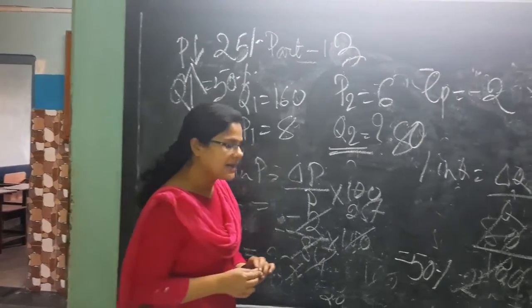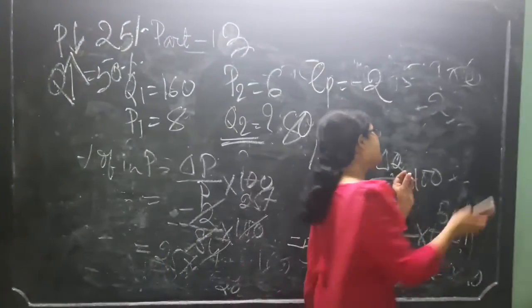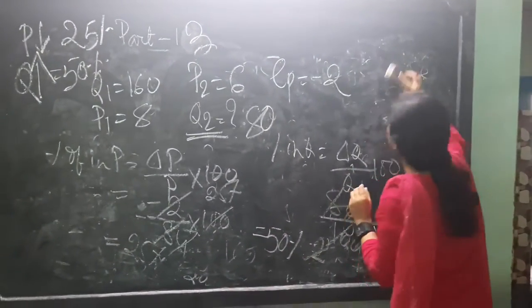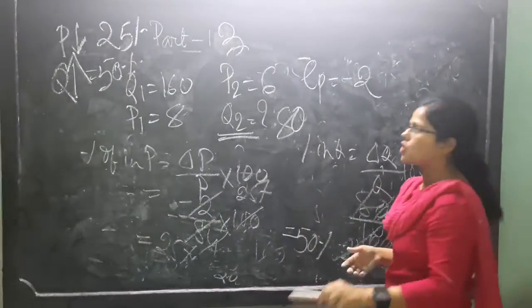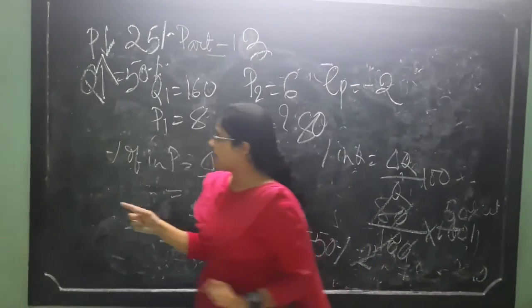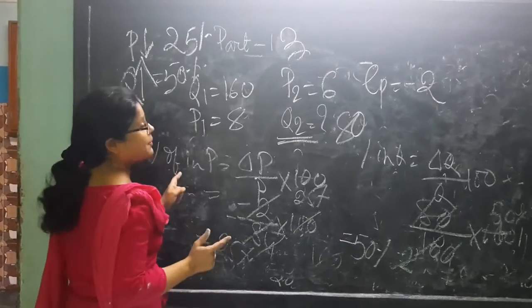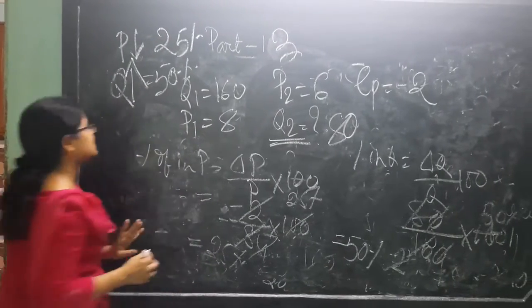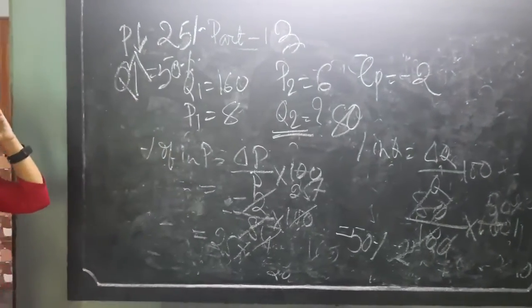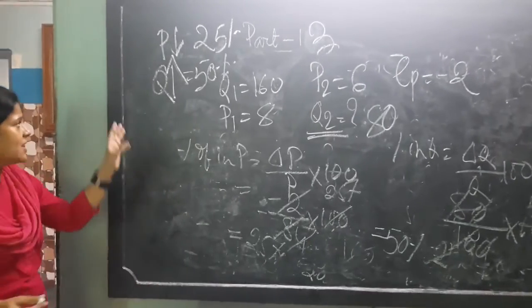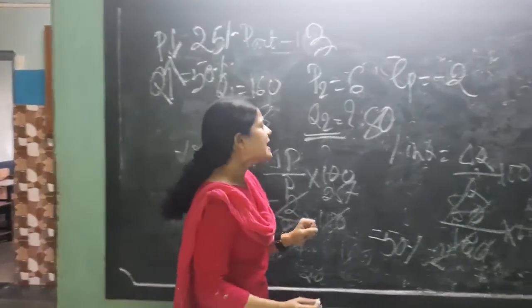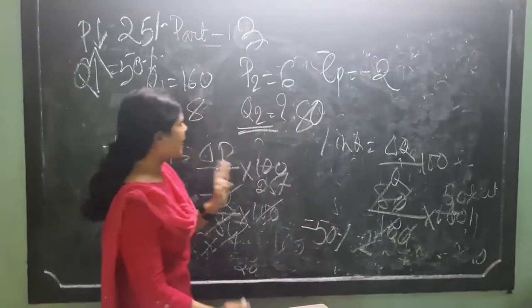The demand of the product is elastic in nature, very elastic. As the price dropped by 25%, the quantity demanded increased by 50%. So when the price changes less than the change in quantity demanded, it is called elastic demand.